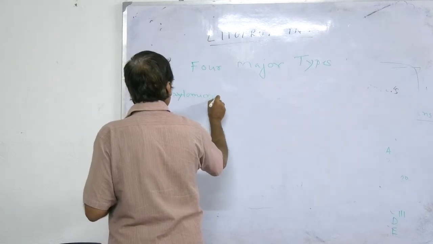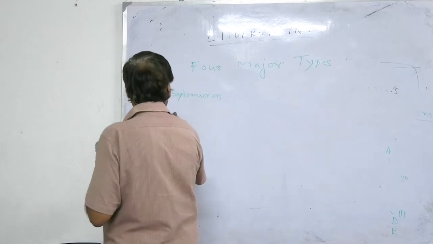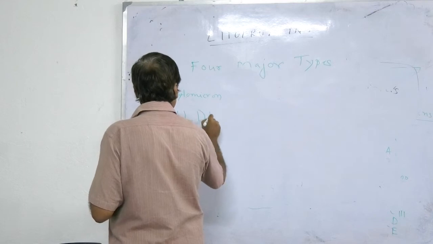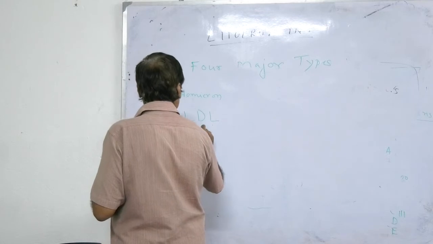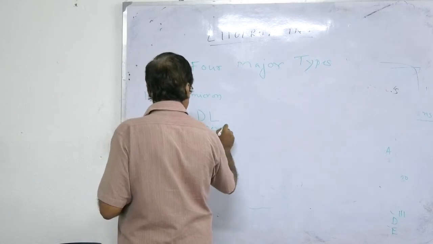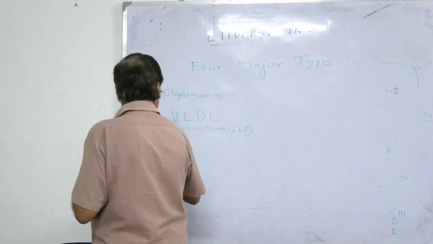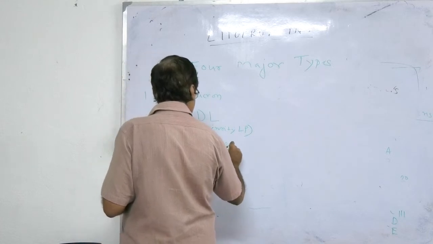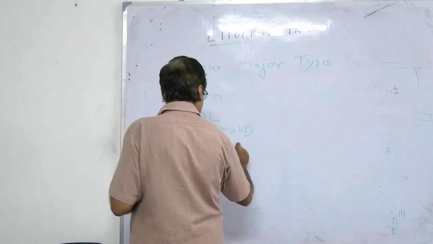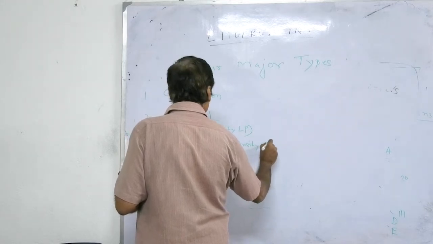We will arrange 1, 2, 3, 4 as per density. Next is the very low density lipoprotein. Next is the LDL, low density lipoprotein.